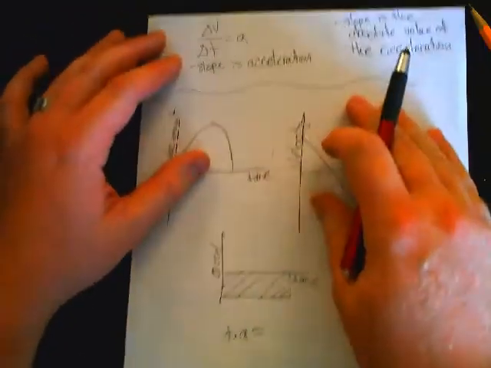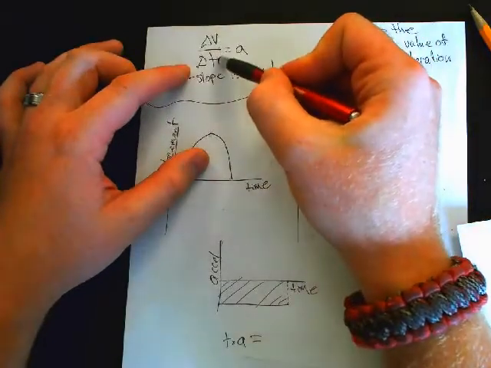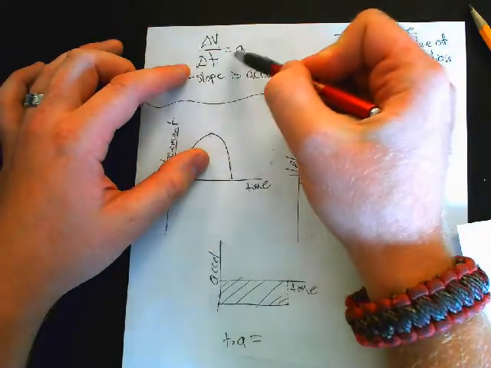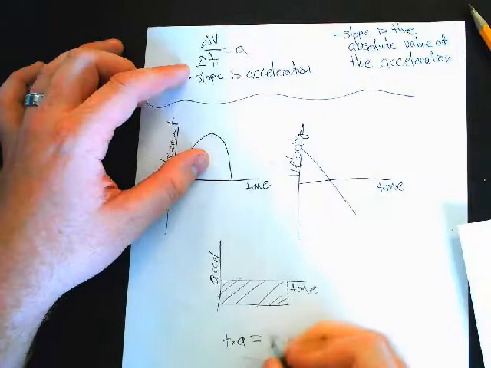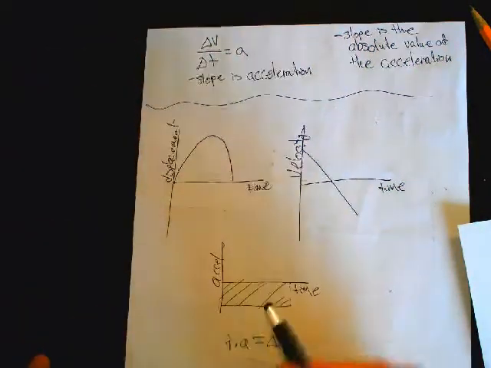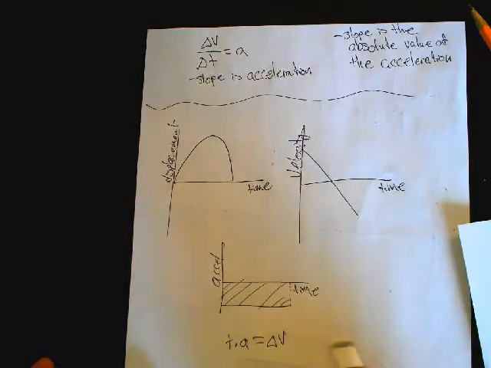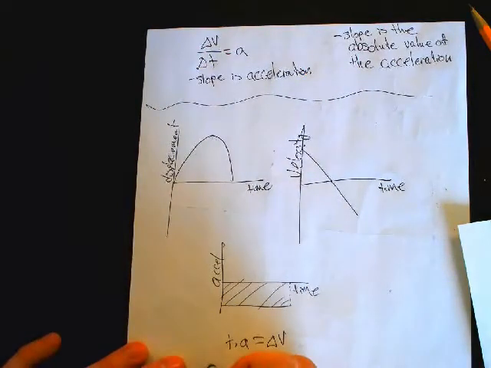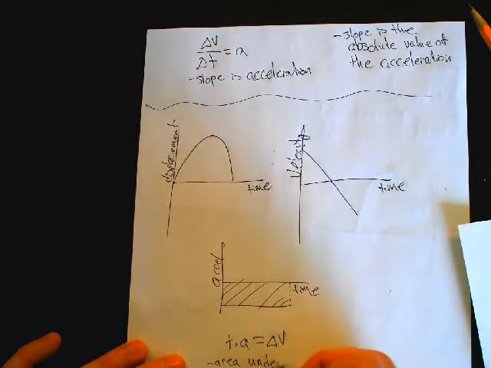Well, if we take a look up here, change in time times acceleration has to be what? My velocity. Therefore, the area underneath an acceleration versus time graph must be the change in velocity.